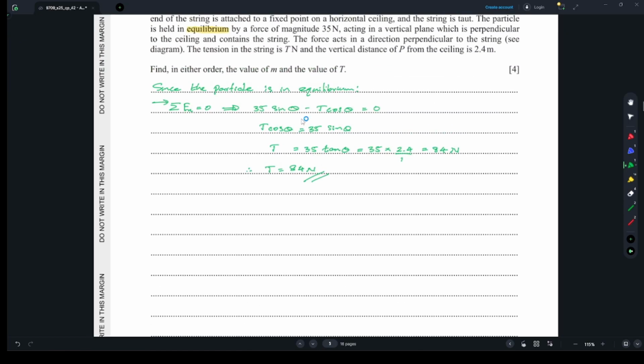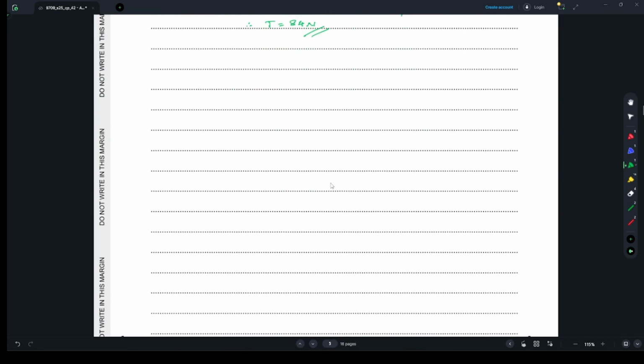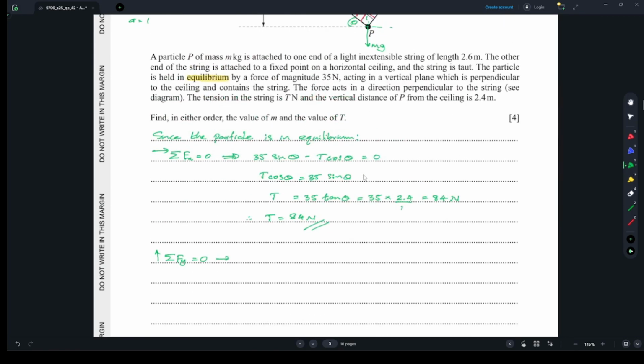Okay, done. And then we can consider the vertical components. Since this is in equilibrium, I will consider the upward forces as positive. The sum of the forces in the y direction is 0. What are the components here?